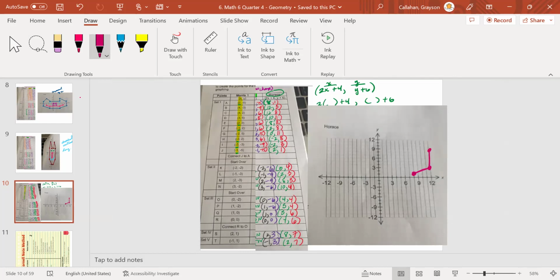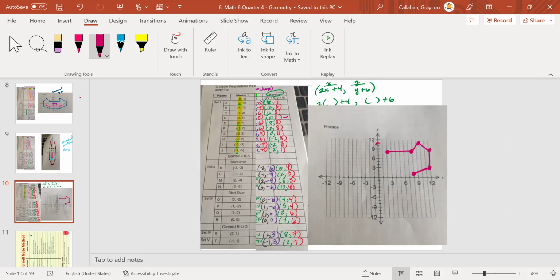Can you tell me the next one? 10, 11 is right there. What's the next one? Let me go back to that page. 8 and 8. Next one. 2 and 8. Next one. 0 and 11.